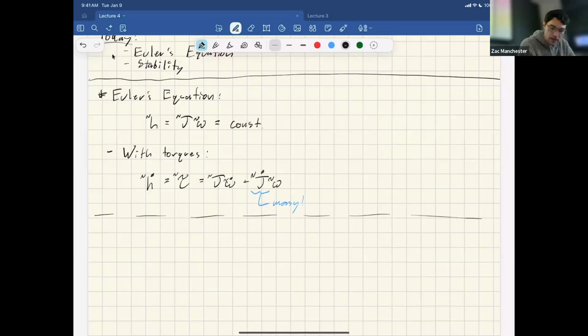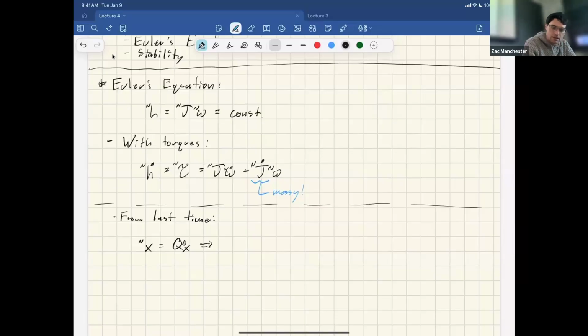Just as a recap from last time, as a brief aside, when we talked about diffing things in rotating frames, we have a random vector x, and we have this transformation from the body to inertial frame with the rotation matrix.